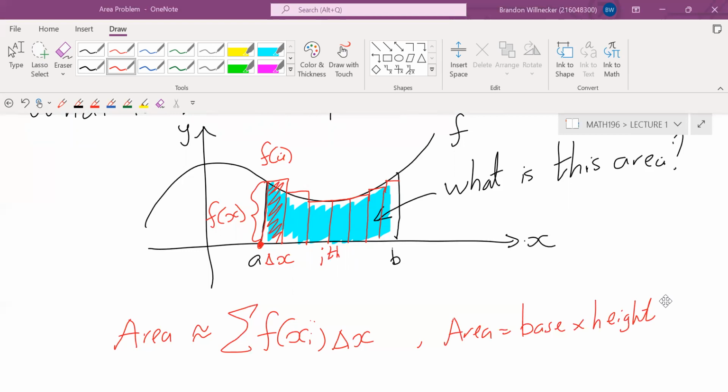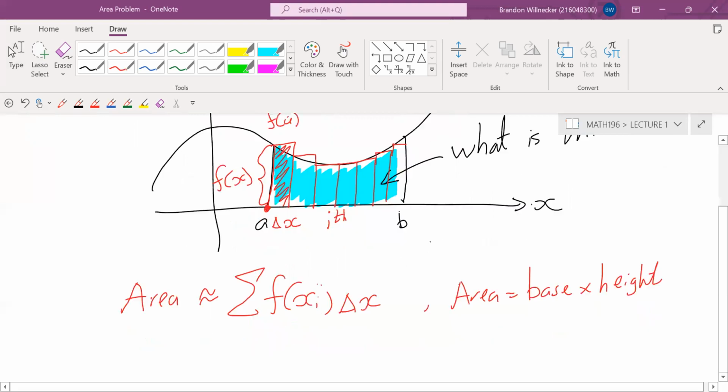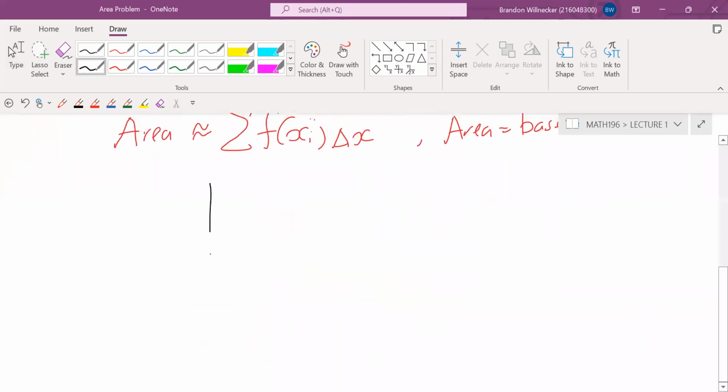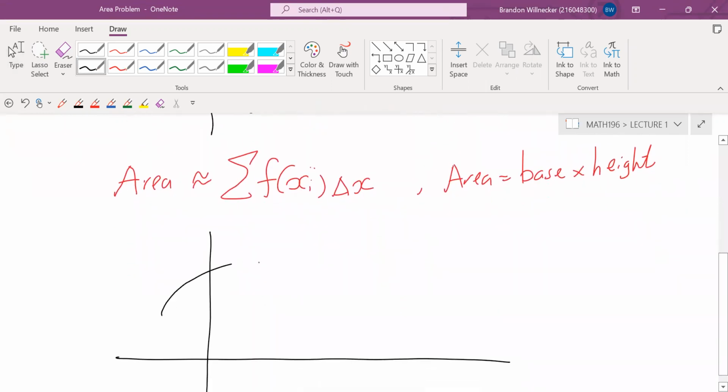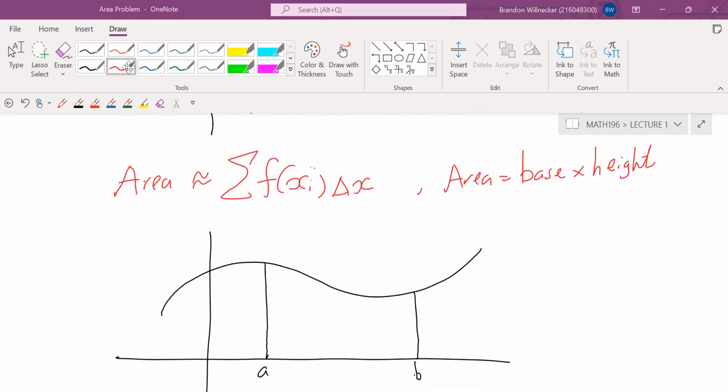Now I'm going to draw the same picture, but this time I'm going to use more rectangles, and we will see that the approximation gets better. So we have the same sort of function here, the same interval from A to B. But now I'm going to use smaller rectangles, or another way of thinking of that is using more rectangles. So we just squish them in.